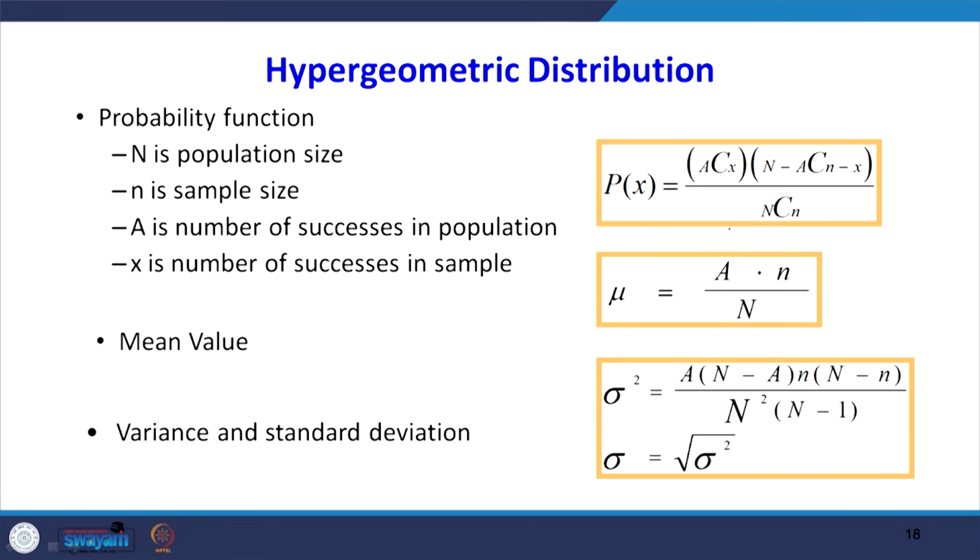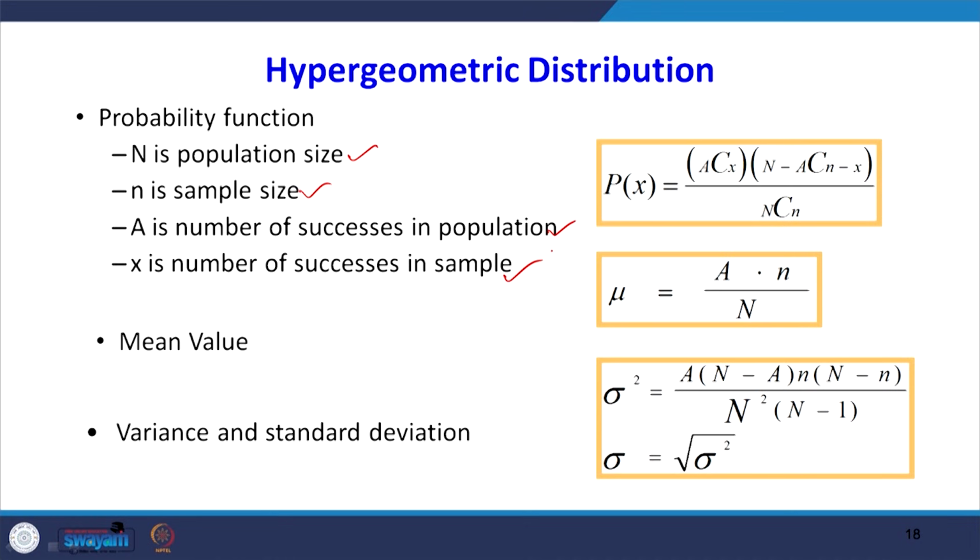So, here see the capital letters represent the population. Capital N is the population size, capital A is the number of successes in the population. Small n is the sample size, and x is the number of successes in the sample. So, p of x is ACx times N minus A C n minus x divided by NCn.